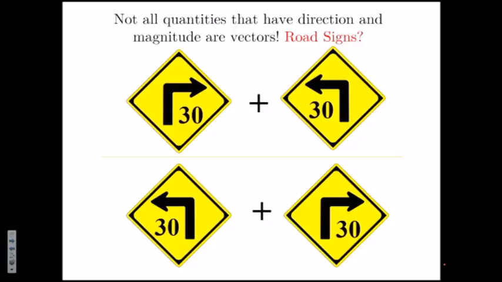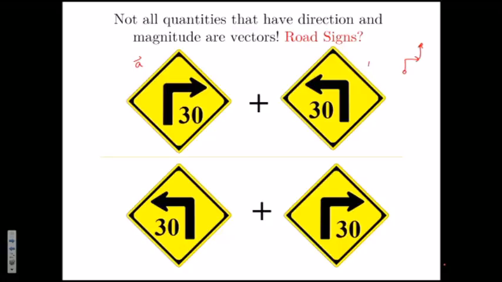So let's say you start somewhere here. You first take the right turn at 30 miles per hour. So that's A. This is A. And then we take a left turn. So we get over here, right?